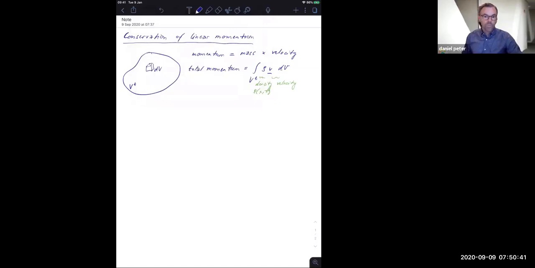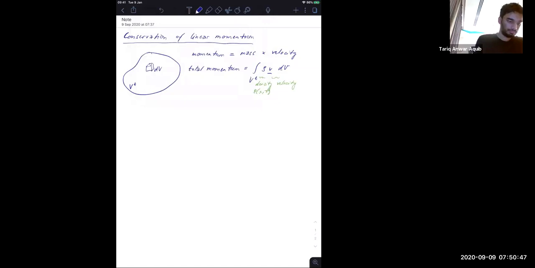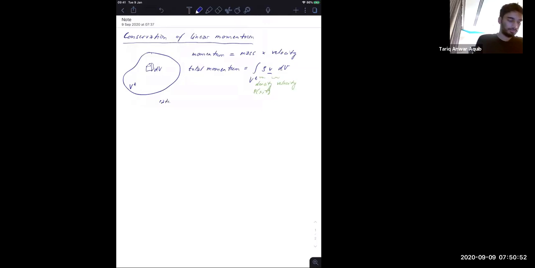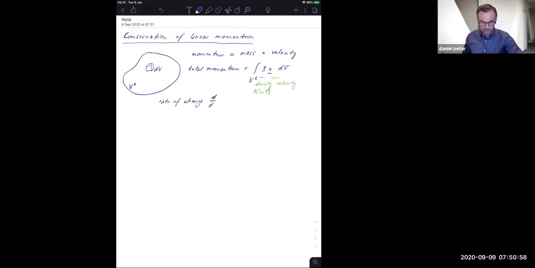So now what we're interested in is again the rate of change of that quantity of total momentum. So the rate of change is again the time derivative of total momentum.